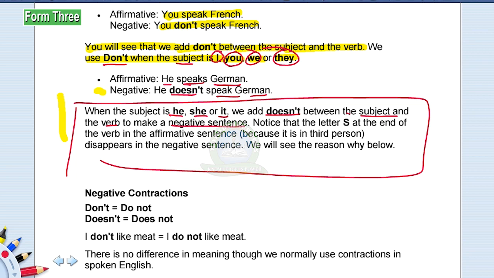Notice that the letter S at the end of the verb in the affirmative sentence, because it's the third person, does not appear in the negative sentence. We will see the reason why below. Okay? And then let's move to the negative part.